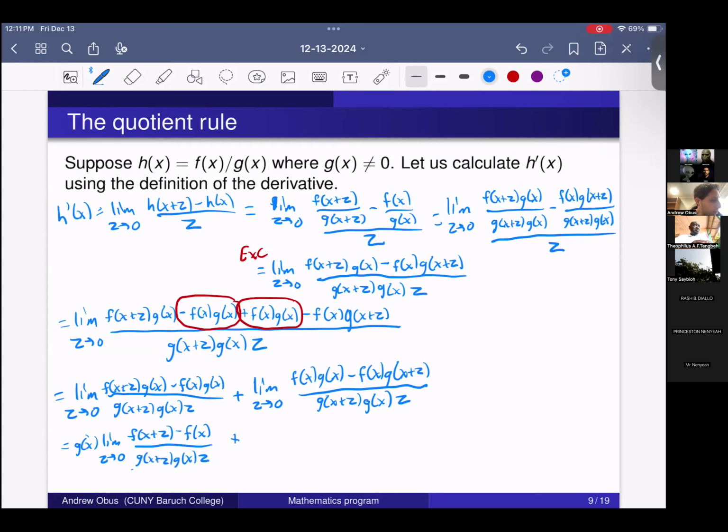And this over here, I can do the same thing with f of x. I pull out f of x times the limit as z approaches 0 of g of x minus g of x plus z over g of x plus z, g of x, z. Okay, so all that I've done is pull out a factor of g of x here, and I pulled out a factor of f of x here.